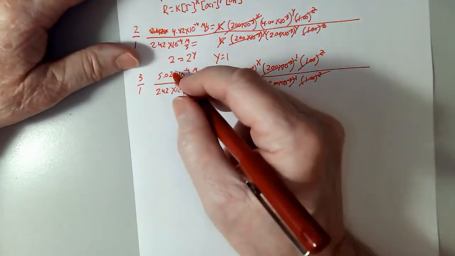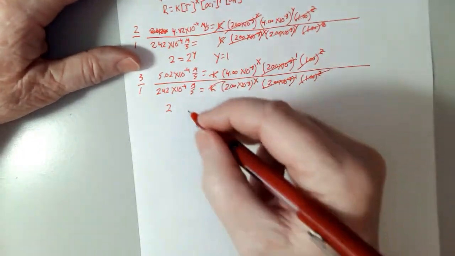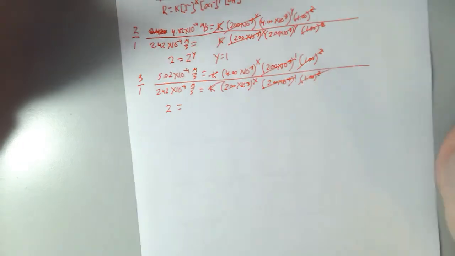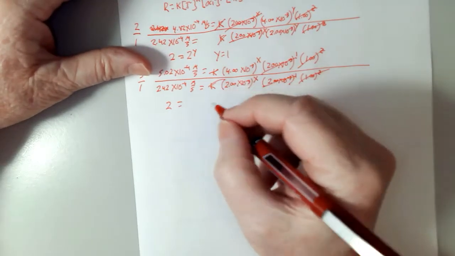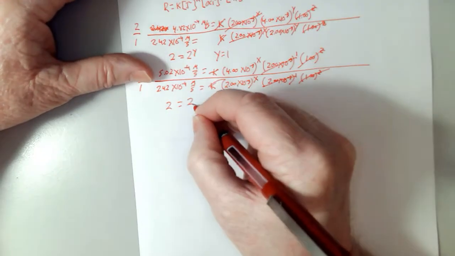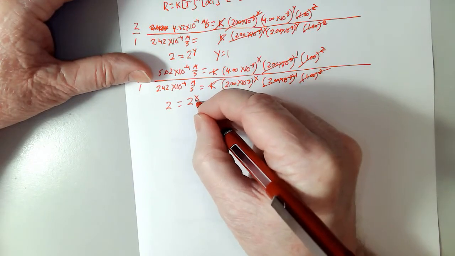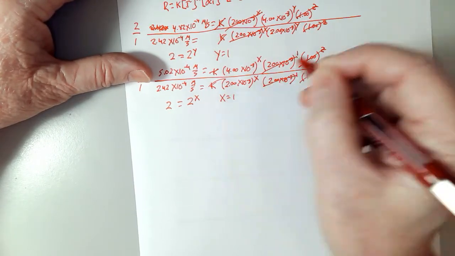And what that leaves me with, this divided by this, which is essentially equal to 2. Remember, this is experimental data. So it might be a little different out there in the third or fourth sig fig, but I don't need to go that far. This divided by this is again equal to 2, raised to the X, and X is also showing to be 1.